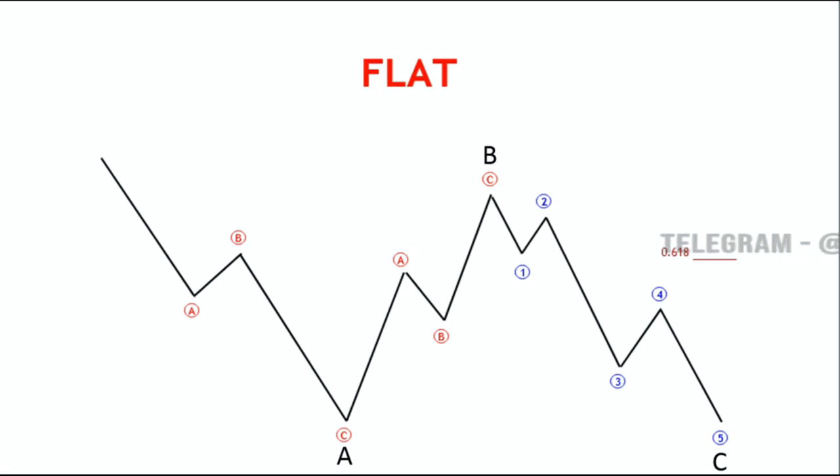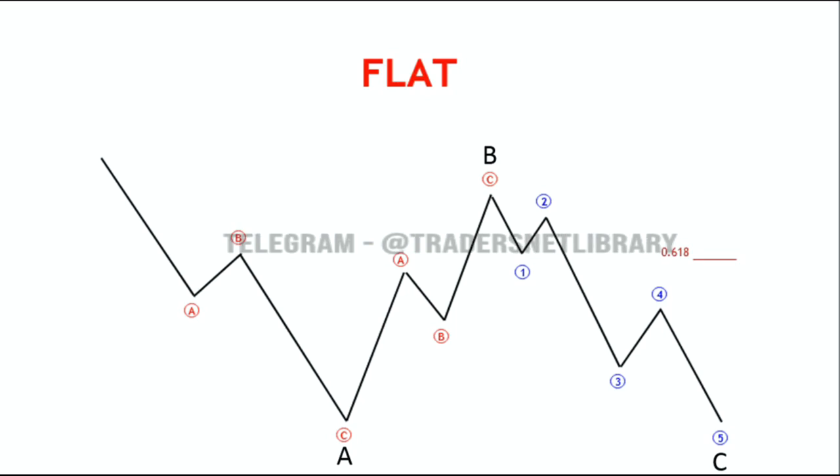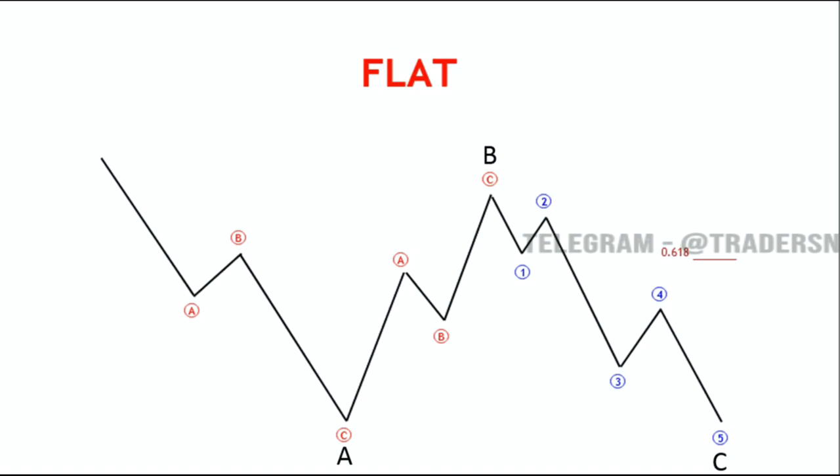If wave B is of the flat type, it has a structure of 3-3-5, and in this case, wave B has a 3-wave structure. The important point here is that wave B cannot be in the form of a running flat.